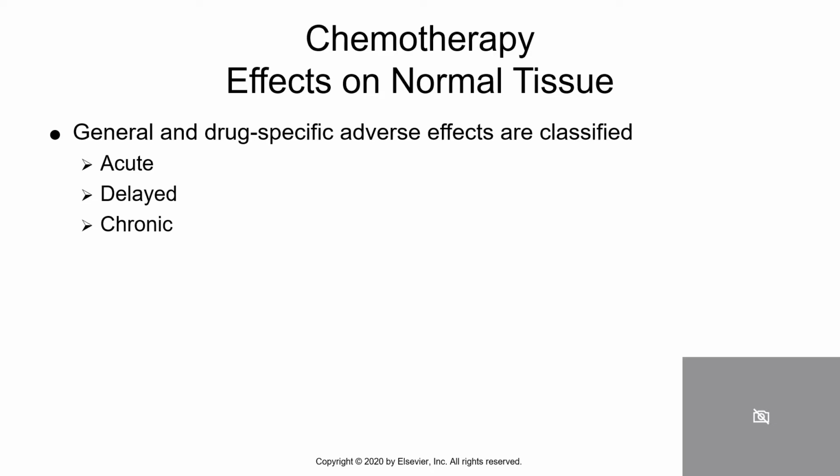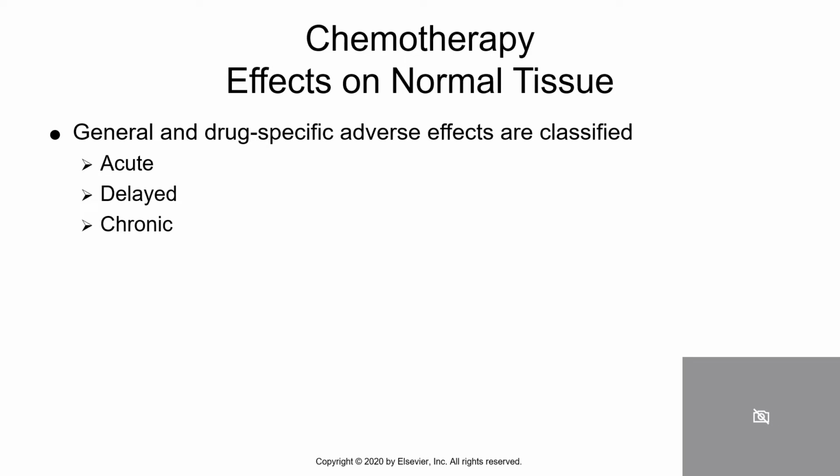Various adverse effects from chemotherapy as they apply to normal tissue can be classified as acute or delayed reaction or chronic adverse effect. So for acute toxicity, that's going to occur during and immediately after the administration of the chemotherapy, and it could be anything like an anaphylactic reaction, a hypersensitivity reaction, extravasation, or a flare reaction.